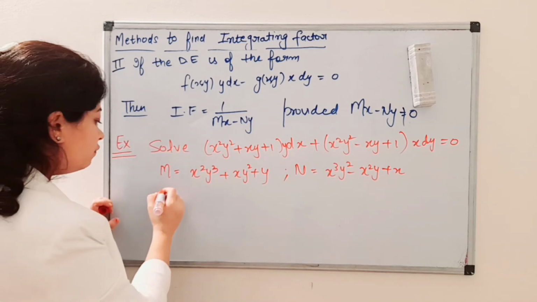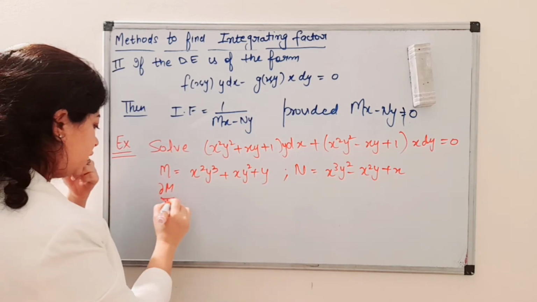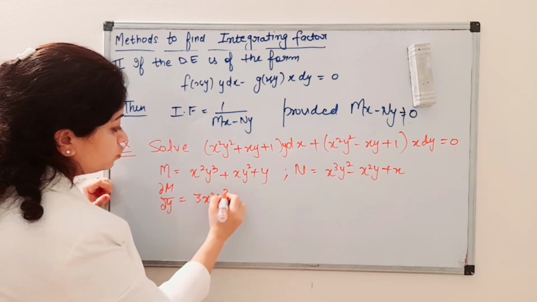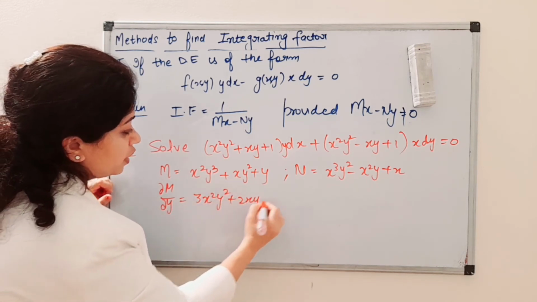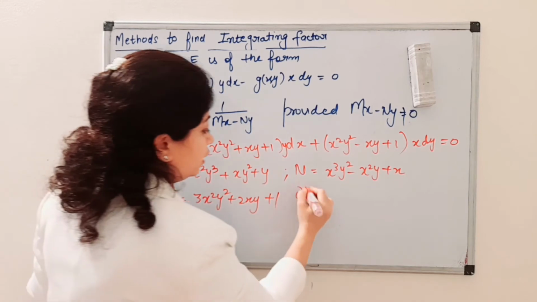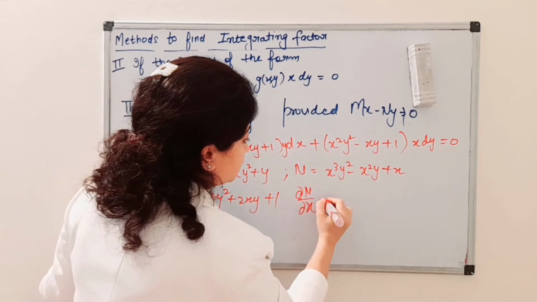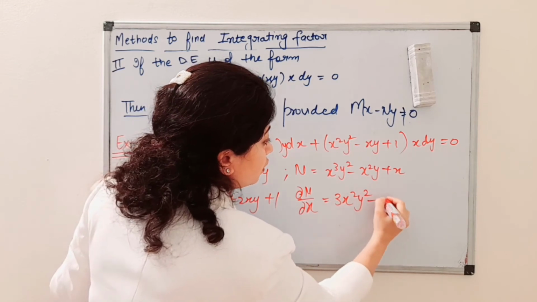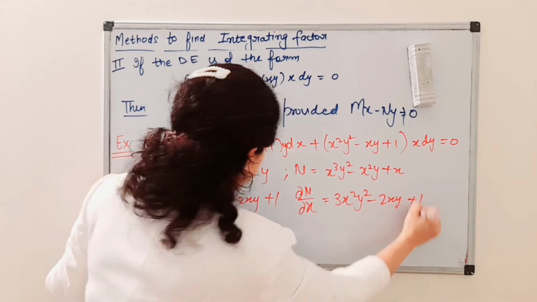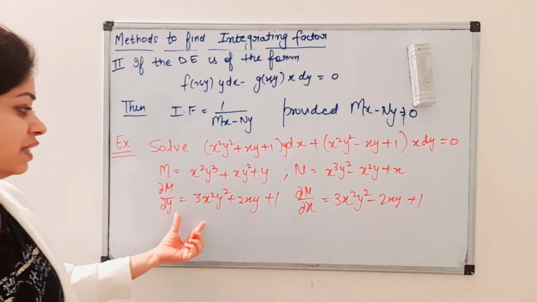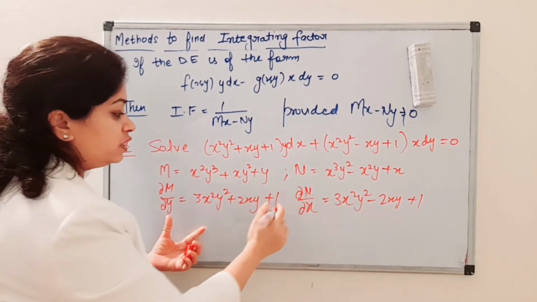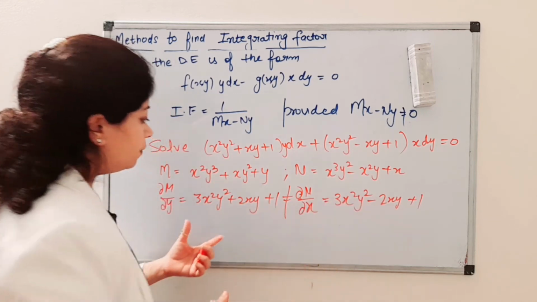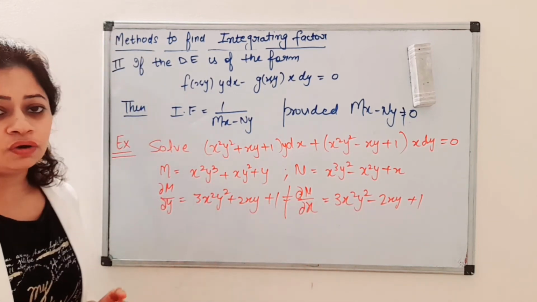Okay, so we find ∂M/∂y, it will be equal to 3x square y square plus 2xy plus 1, and ∂N/∂x is equal to 3x square y square minus 2xy plus 1. So we can see that this differential equation is not exact because this term is different. Okay, so this differential equation is not exact.